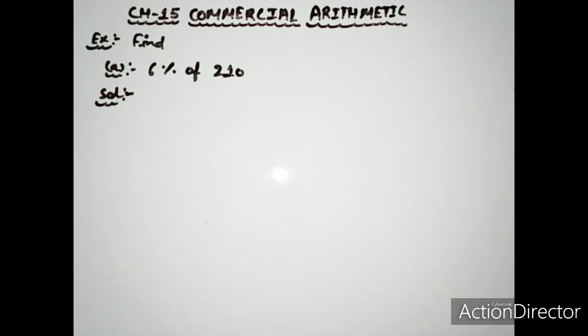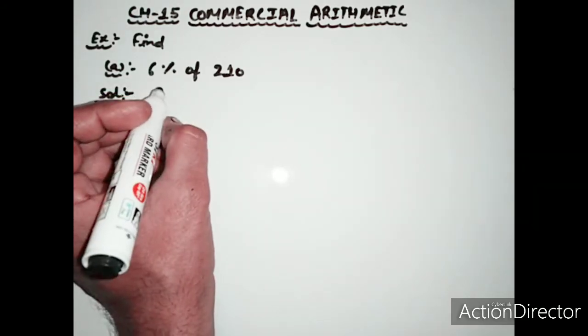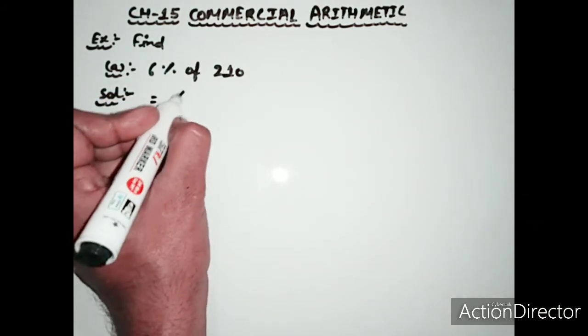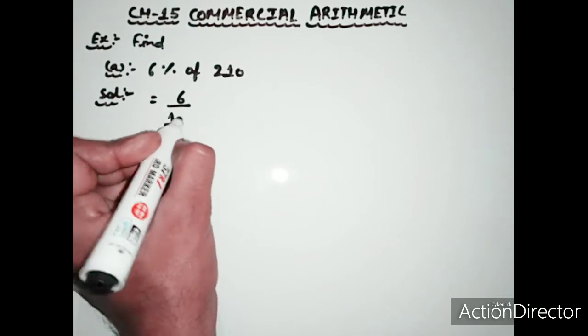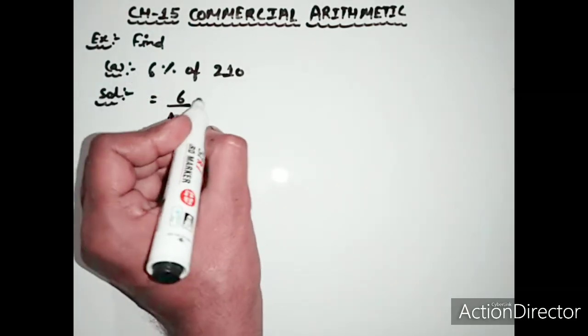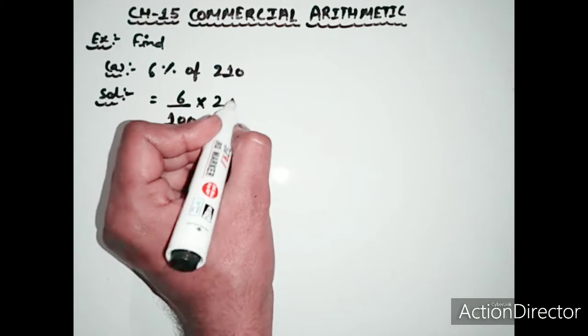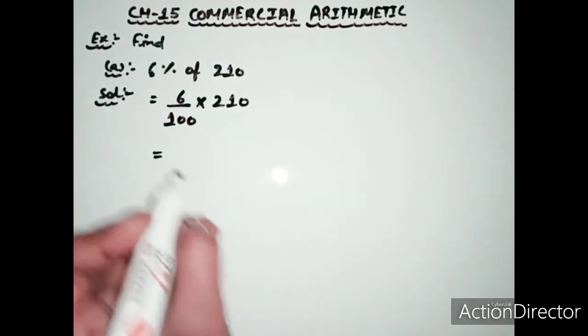Now here first we write 6% in the fraction form 6 upon 100 and multiply by 210. So here first we write 6 upon 100 and multiply by 210.